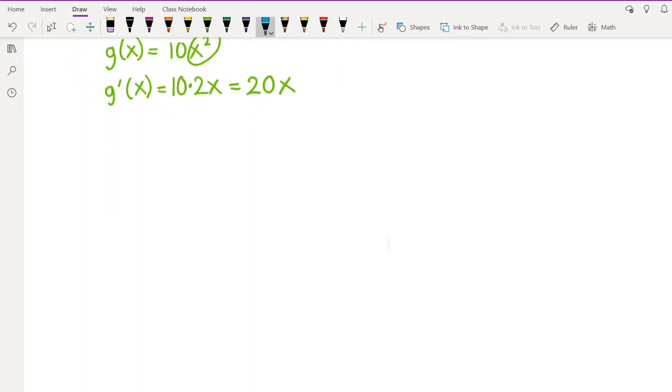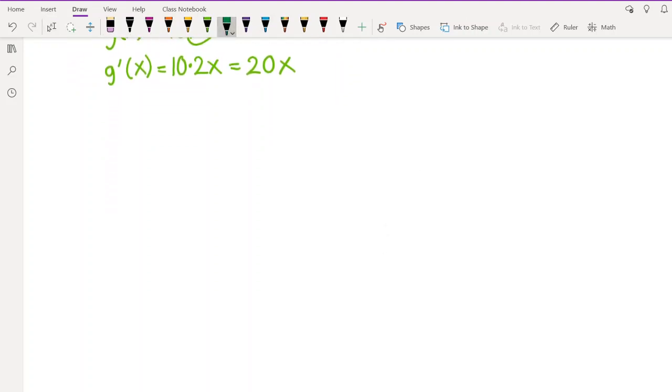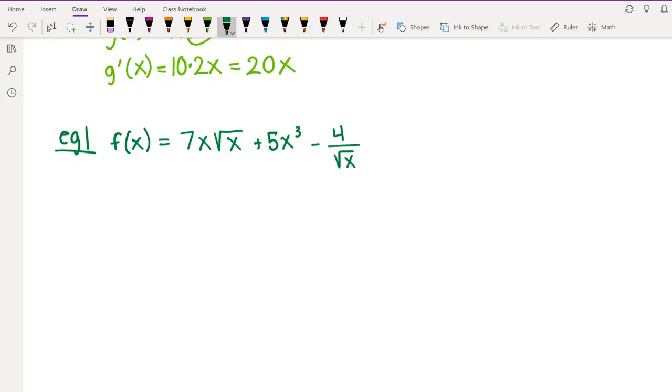All right, so just a few more examples. So let's look at this one. Let's say that f of x is equal to 7x times the square root of x plus 5x cubed minus 4 over square root of x plus 2x minus 1.